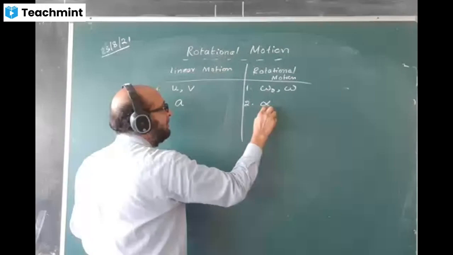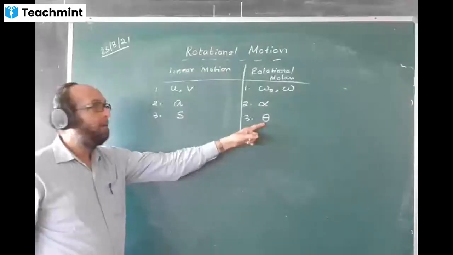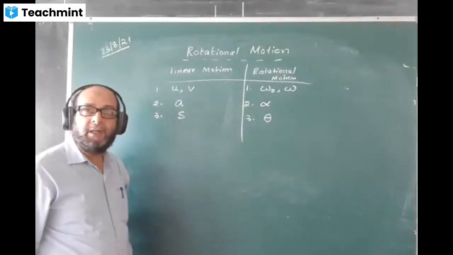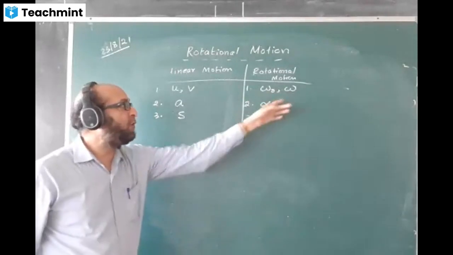Here the unit is radian per second. Alpha is equal to change in angular velocity upon the time.